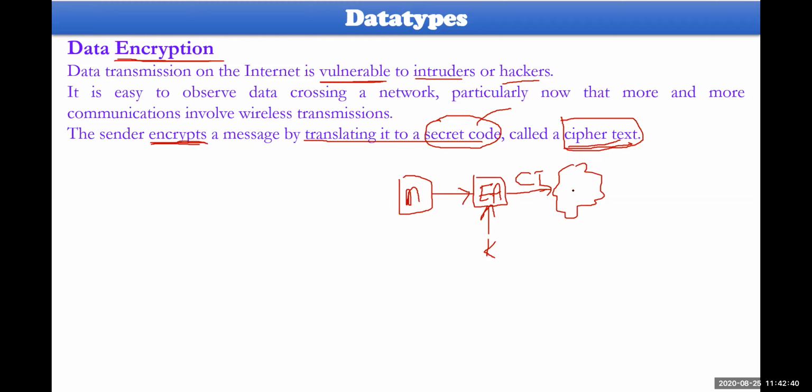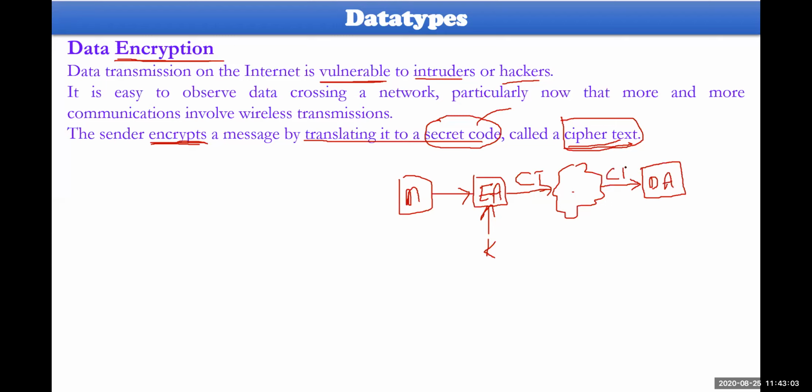This cipher text data can be accessed by any person, but those persons could not understand what exactly this is. It is in coded form, and including everybody, your friend also receives the same cipher text here. This cipher text will be decrypted again using the decryption algorithm. Okay, this decryption algorithm takes two inputs.